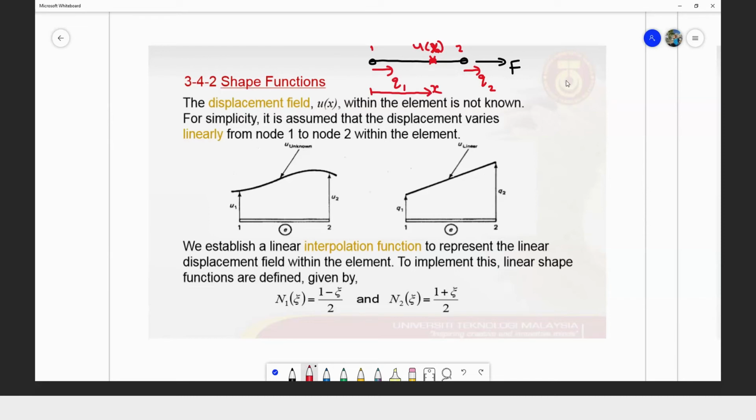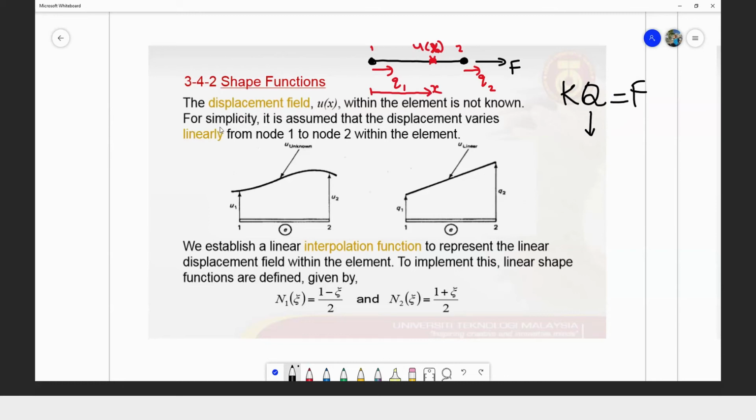So bila kita solve when we solve the system of linear equation K Q equal to F, this Q actually is the displacement at each nodal point. Maksud dia dekat sini lah, pada nodal point ni. Ini adalah Q yang kita dapat daripada system of linear equation. Tapi displacement within the two nodal points kita tak tahu lagi. Kita tak boleh dapat daripada system of linear equation.